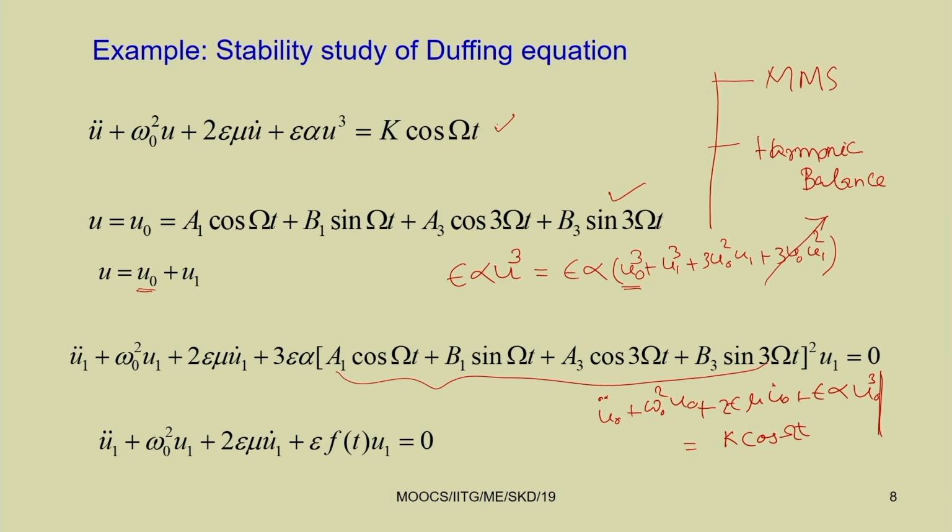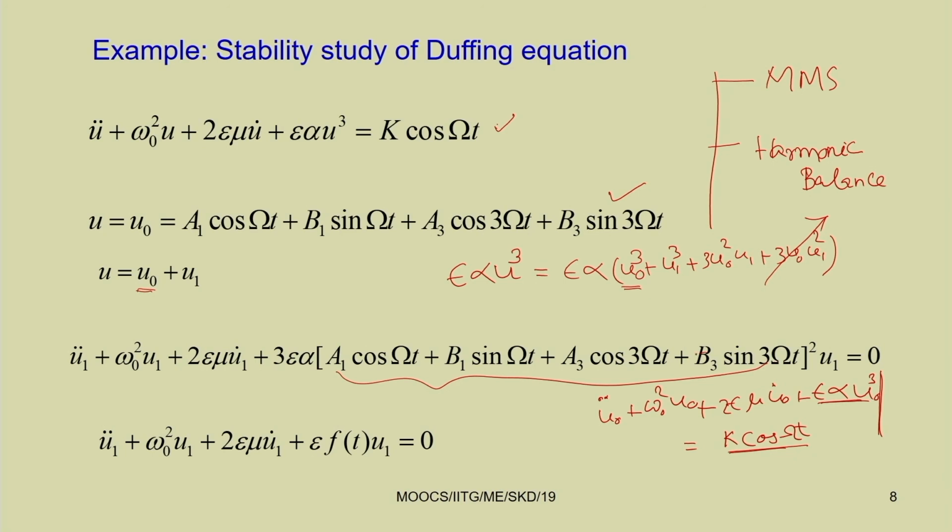You just see epsilon alpha u0 cube is already here, and this k cos omega t and k cos omega t will cancel. The remaining terms, we can write this equation in this form, or it can be reduced to this following form: u1 double dot plus omega 0 square u1 plus 2 epsilon mu u1 dot plus these terms.